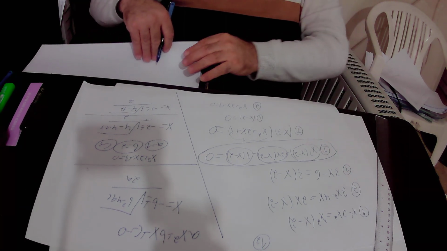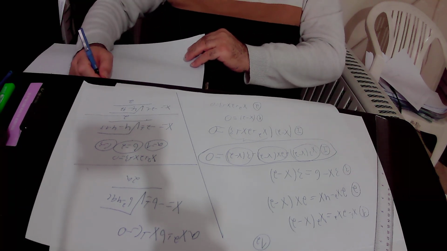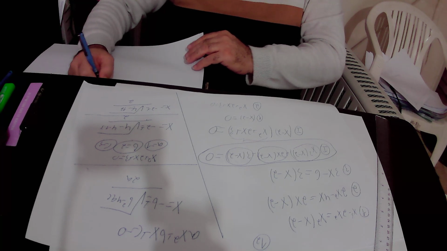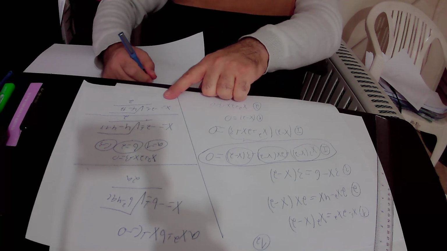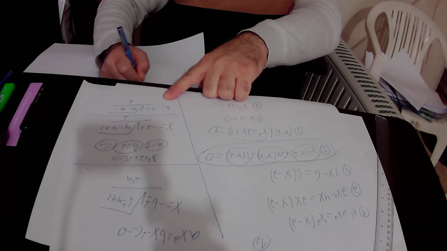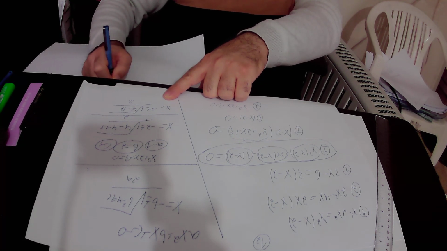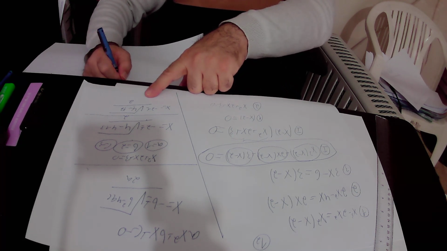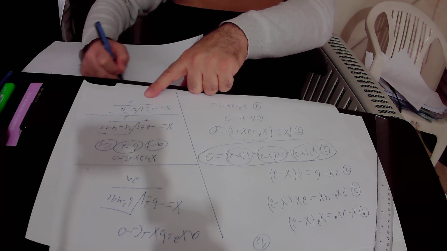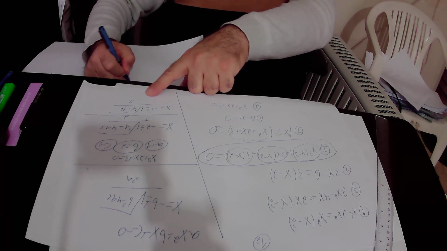So actually x equals minus 2 plus or minus the square root of 4 minus 12, which is minus 8, over 2.